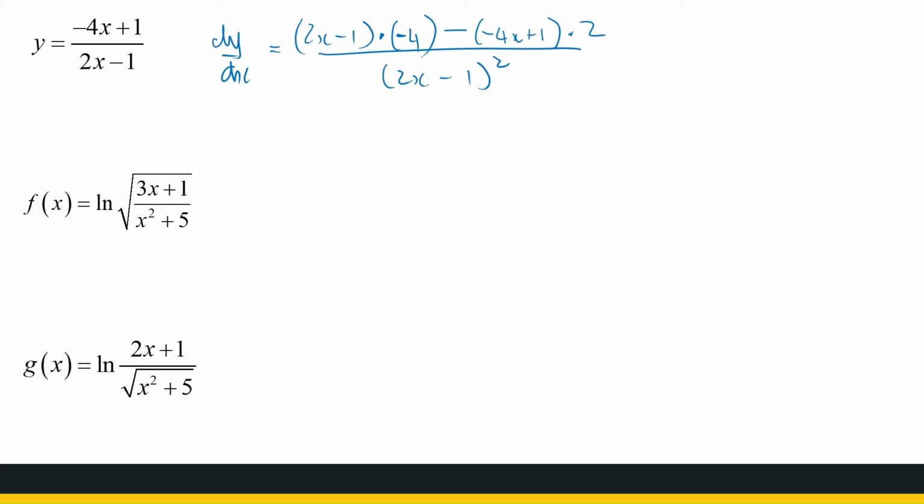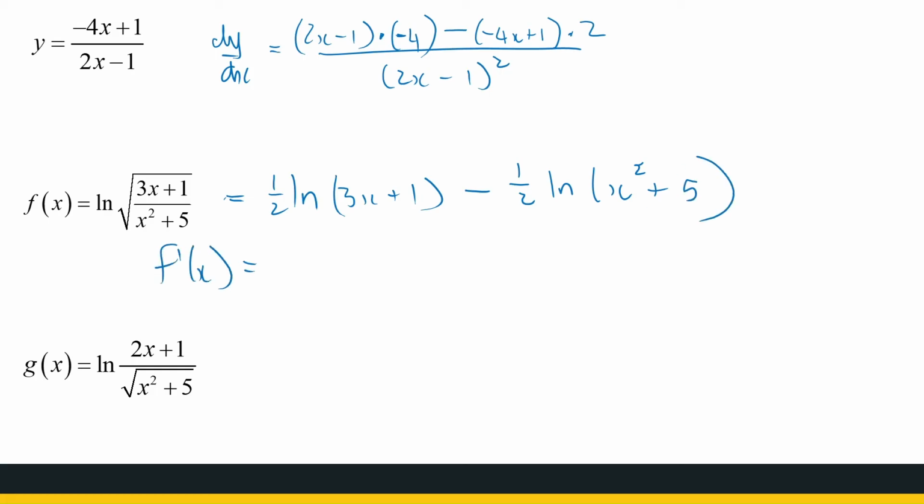Again, ln of a function. Now remember, we've got to take it apart first before we differentiate it. Ln of a function to the power of half. So that's a half ln of the numerator, 3x + 1, minus the half went to the denominator as well, a half ln of x^2 + 5. Much easier to differentiate at this stage.